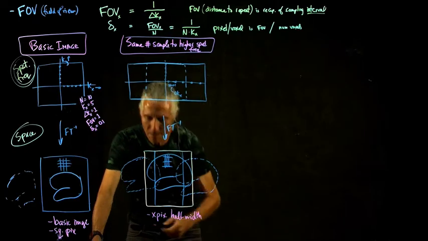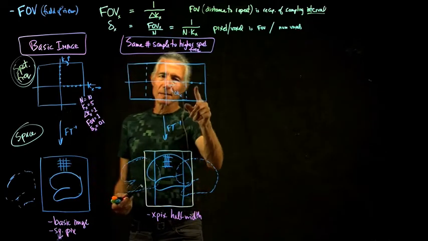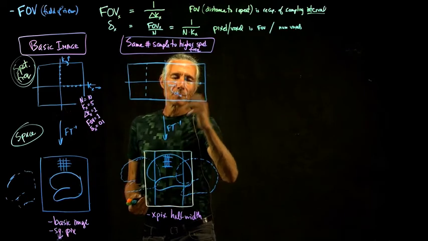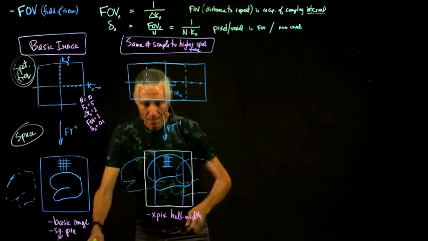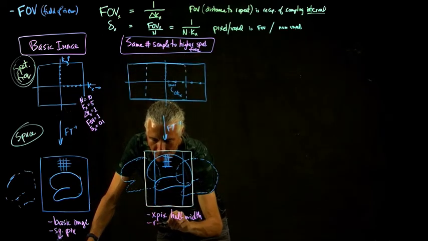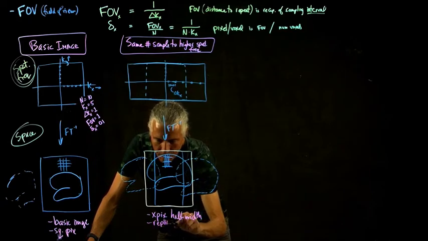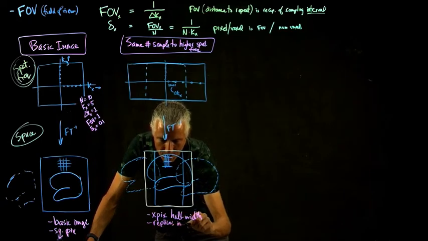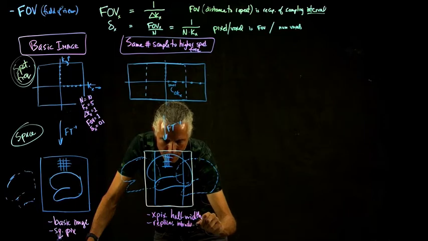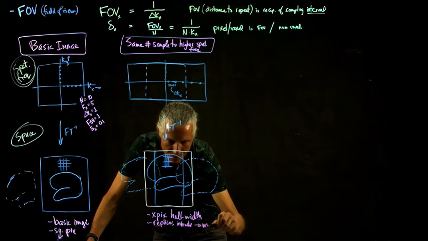So we increased our spatial resolution, and that makes sense because we're recording higher spatial frequencies. But the replicas intrude, and that looks like wraparound.